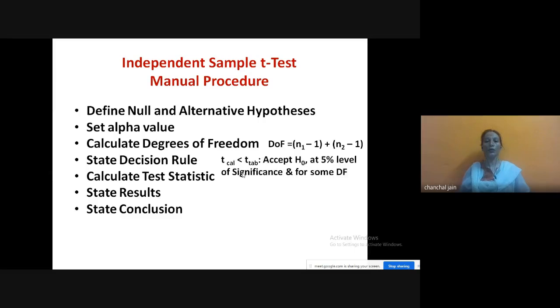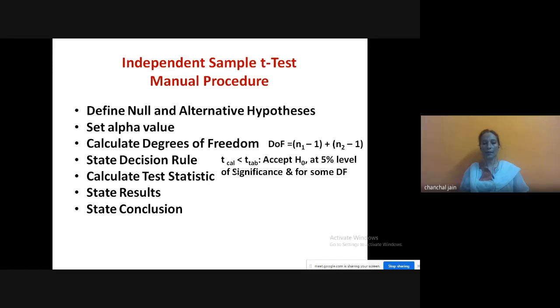Second, you need to state your decision rule. This is the thumb rule you need to know: when the calculated t value is less than the tabulated t value, then you will accept the null hypothesis at 5% level of significance, for whatever degree of freedom you get from the calculation.